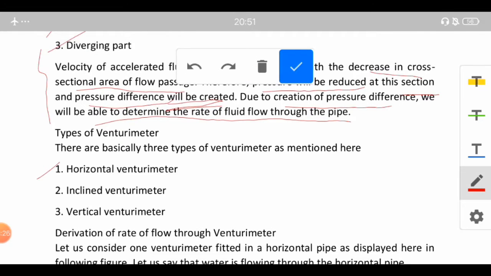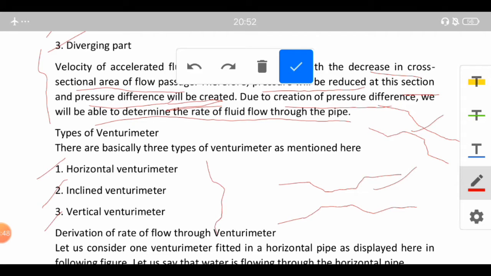First is the horizontal Venturi meter, next is the inclined Venturi meter, and third is the vertical Venturi meter. It simply depends upon the angle at which you are keeping the Venturi meter. It can be inclined, it can be horizontal, also it can be vertical.